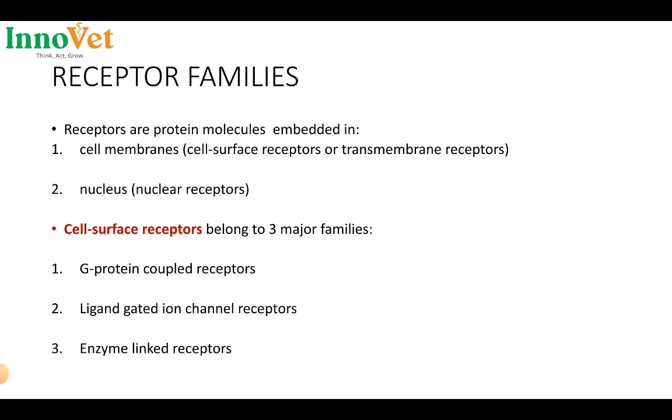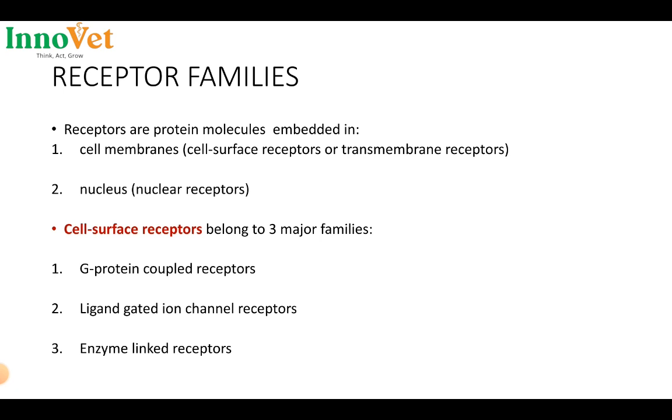So we are going to look at the different receptor families. But first of all, we can find our receptors embedded in cell membranes, and those are called cell surface receptors or transmembrane receptors.